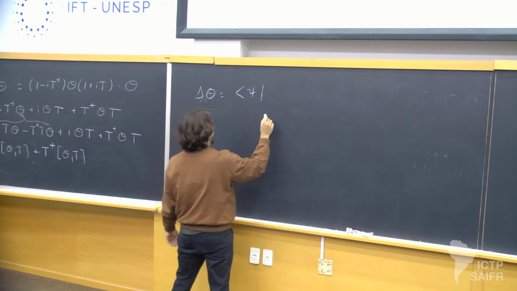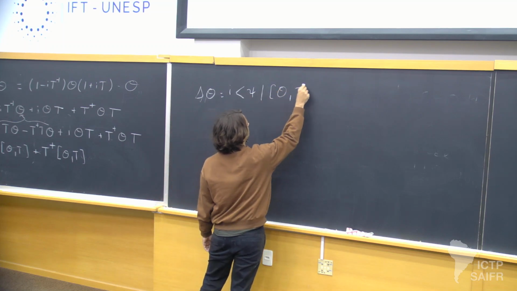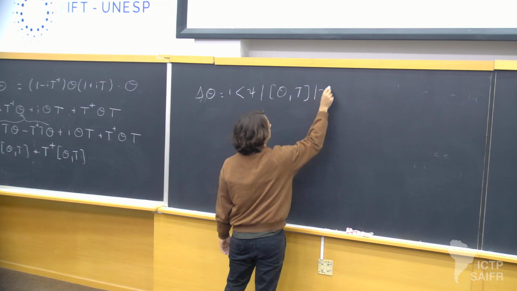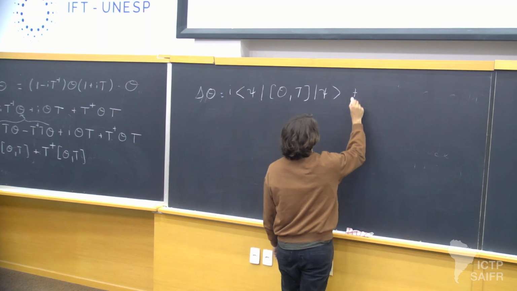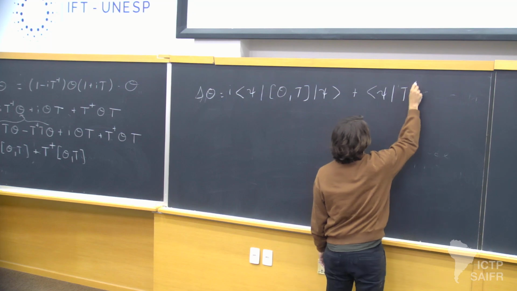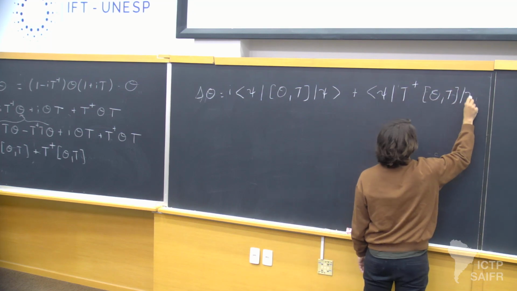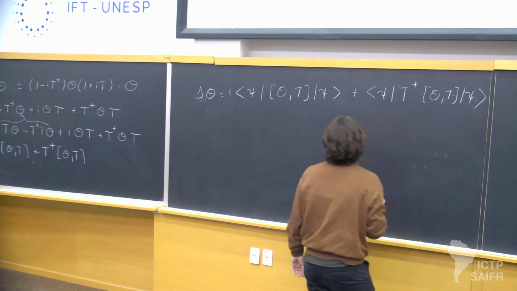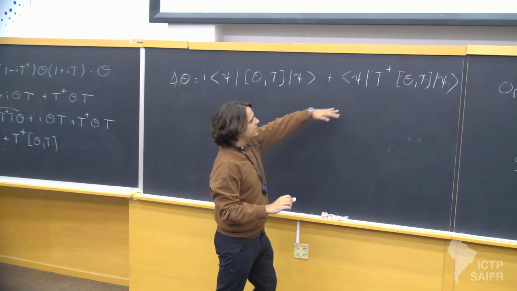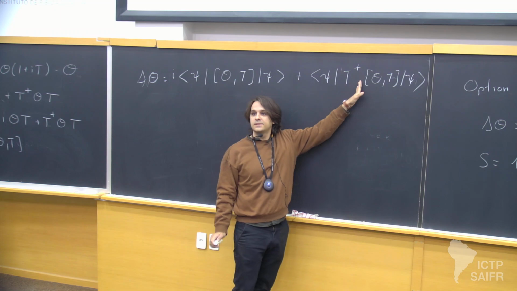Where we had our state, and now we'll have an i OT plus... but here I can massage it even more because I can insert a complete set of states.